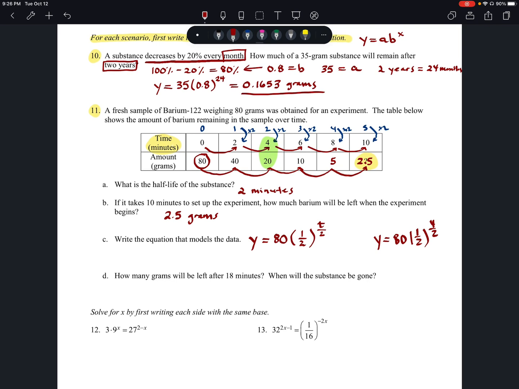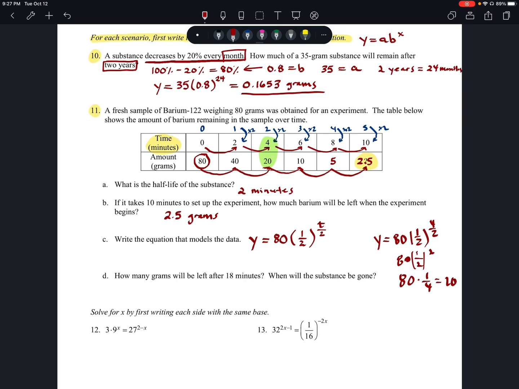Well, 4 divided by 2 is going to be 2. 1/2 to the second power we know is going to be 1/4. Suddenly my pen doesn't want to write. So 80 times 1/4 is going to be 20, right? And you see that was our output up there. So that's one easy way you can check it.